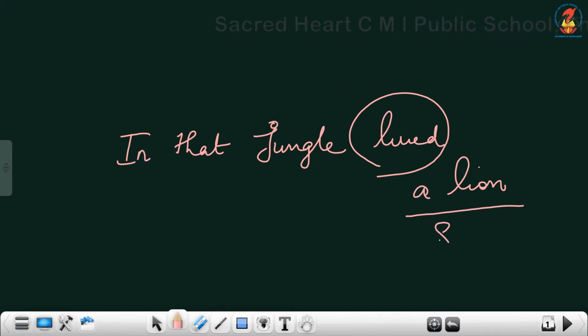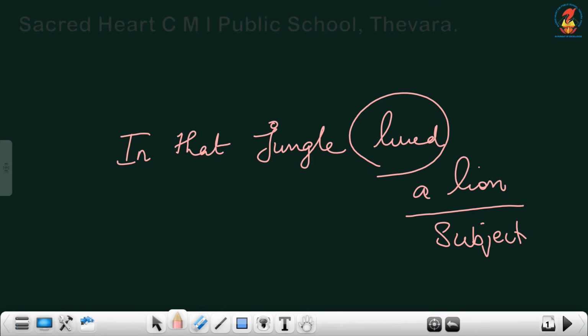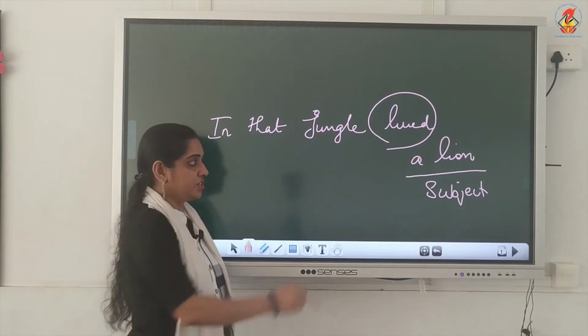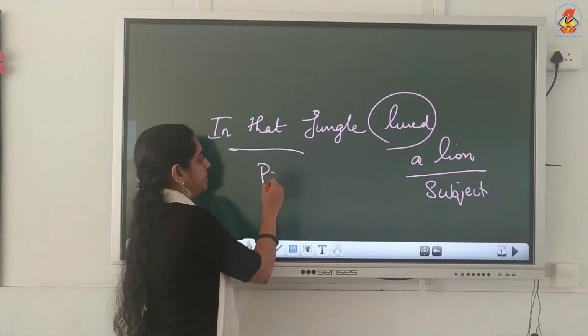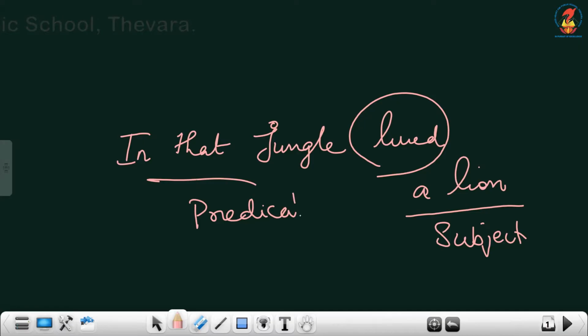So a lion is the subject here, and in the jungle lived, this group of words constitutes the predicate. I hope it's clear.